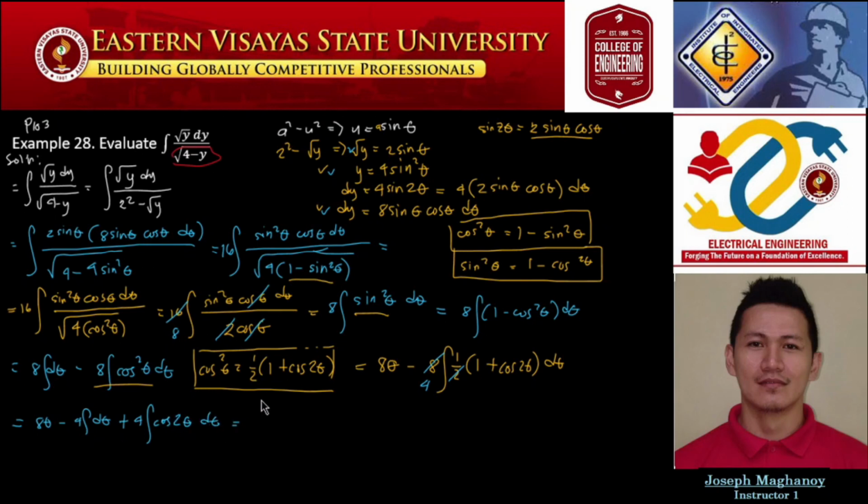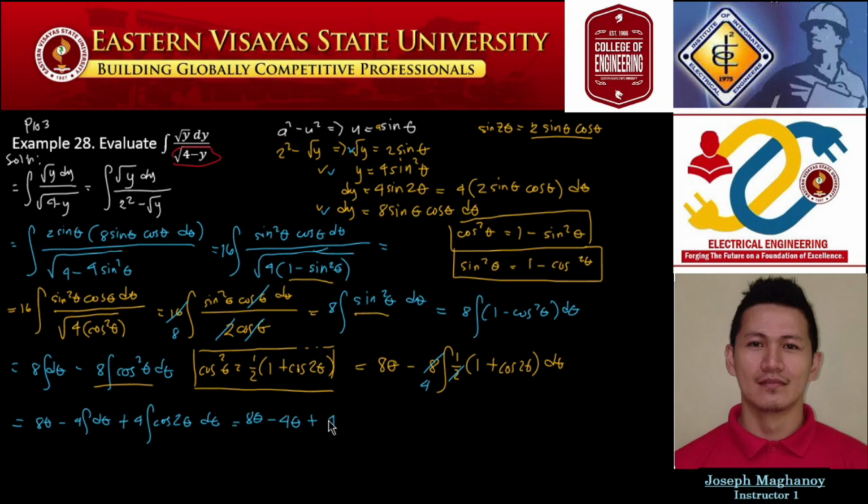Okay. Do we still have an identity for cosine 2 theta? If we integrate cosine 2 theta, we write our existing terms first. So 8 theta minus, we have 4, or this is 4 theta. So they are common, it's okay.